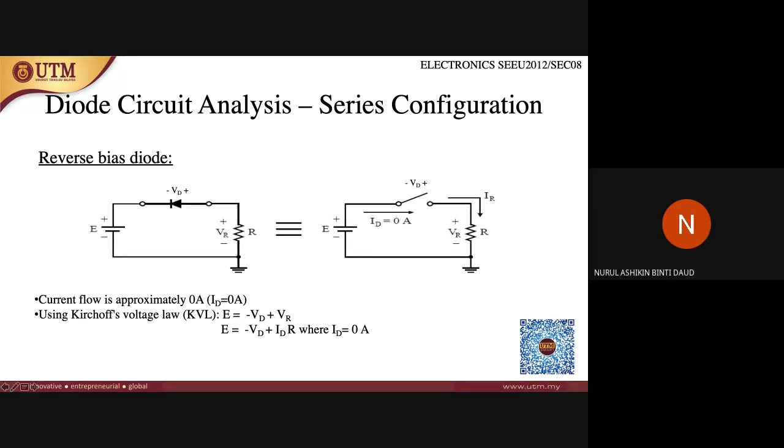Since ID is 0, in other words we can also write E equals minus VD. Right, so this is the configuration for this circuit.